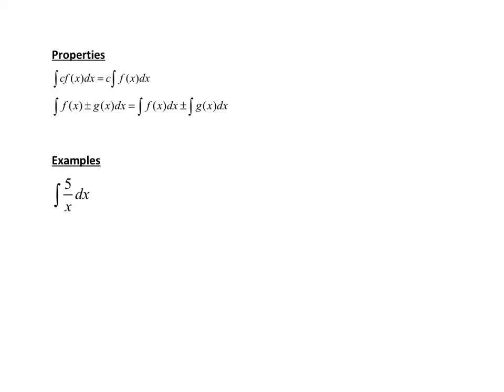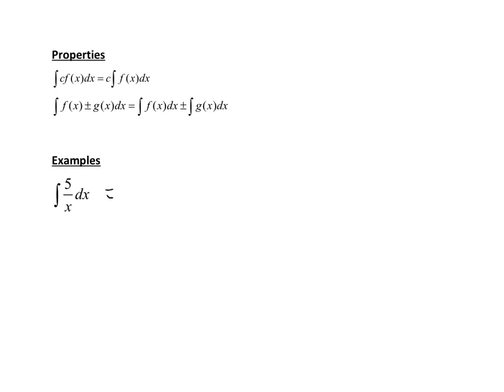A couple important properties. If you have c times some function, you can take c out and then do the antiderivative of that function. If you have one function plus or minus another function, you can separate that and find the antiderivative of each one individually. So for this example, I had the antiderivative of 5 over x.